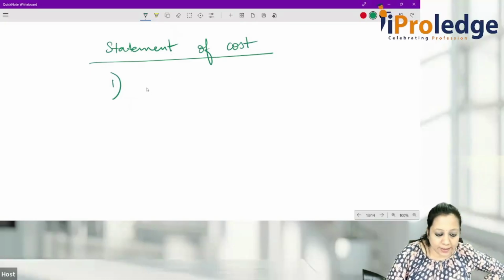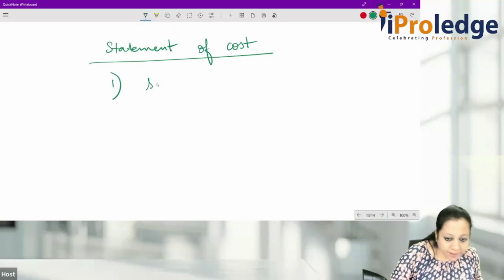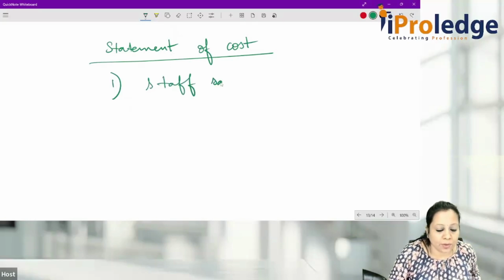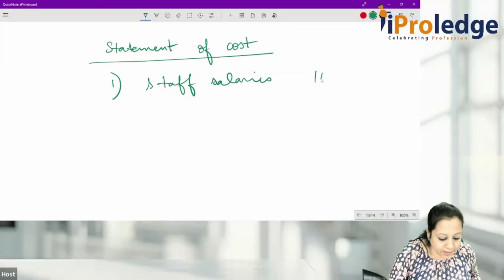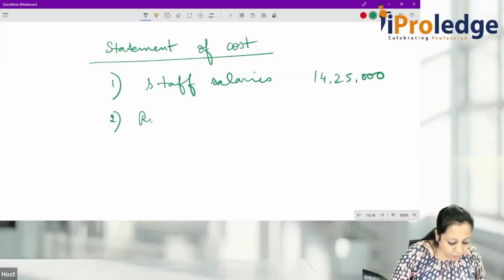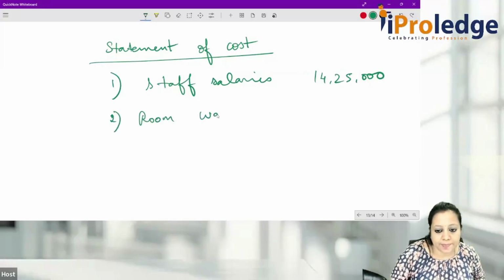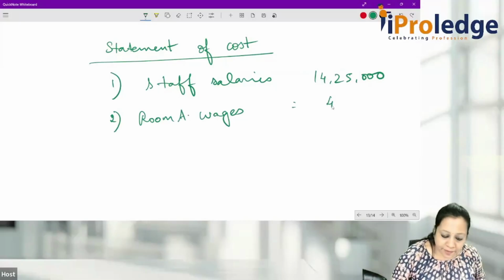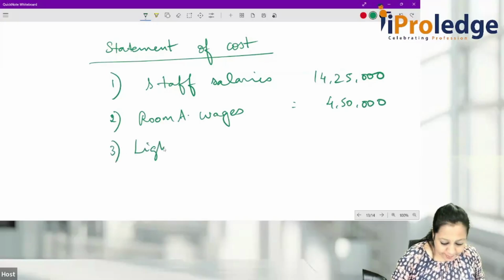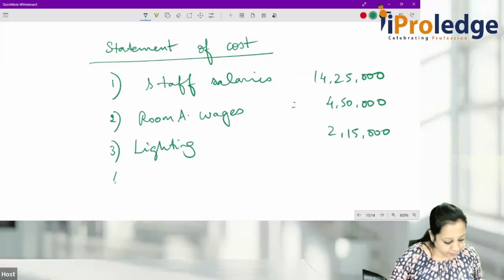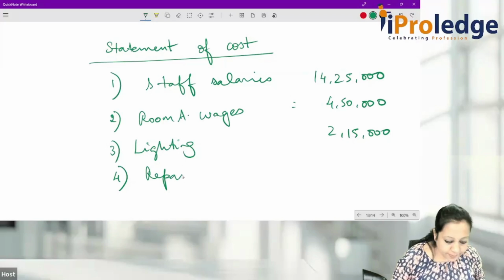Okay. So starting with the first one is staff salaries. As far as calculation as well as cost is concerned, almost everything is given to us. The second one is room attendant wages, that is equal to 4,50,000. Lighting 2,15,000. Repairs 1,23,500.